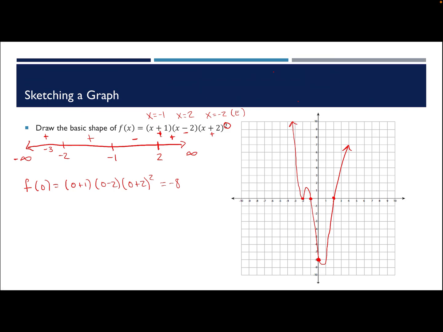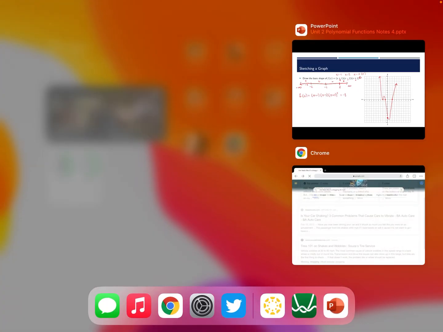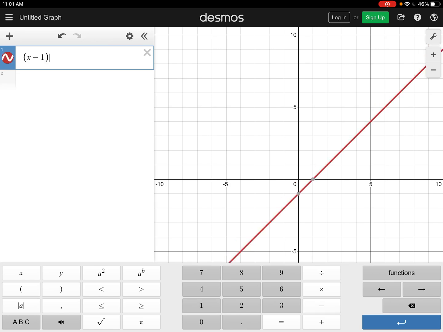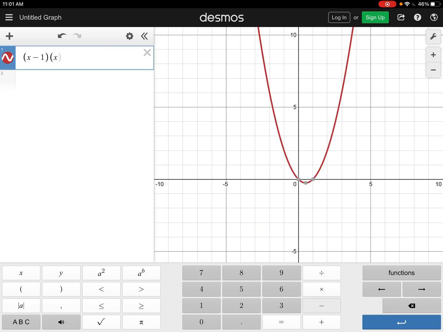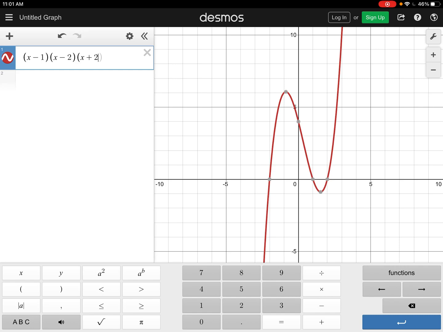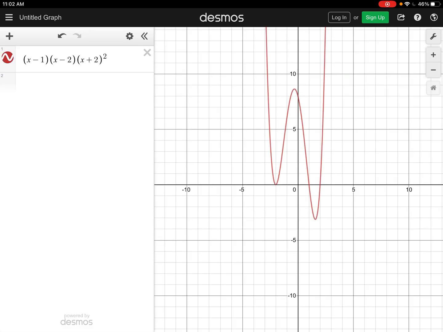So it's x plus 1, x minus 2, x plus 2 squared. So let's see how that looks. It is x minus 1, x minus 2, and x plus 2 squared.